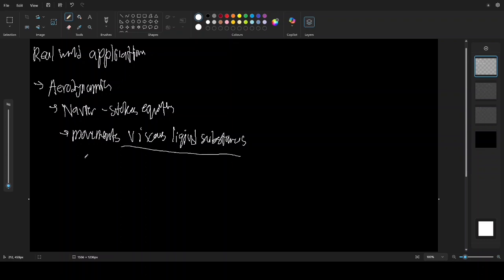And it also helps to figure out how air flows, specifically around, let's say, planes. This helps them figure out the best design and what type of material they should use to maximize airflow and aerodynamics.